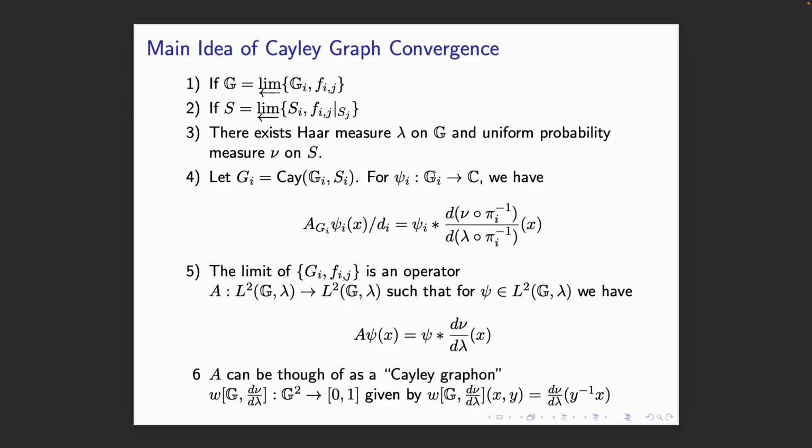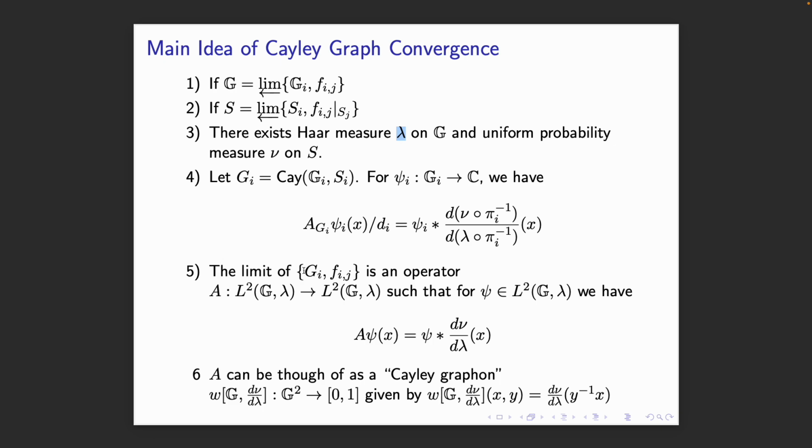For any function defined on the group G_i, when we apply the adjacency matrix to the function at a point and divide by the degree of the graph, we are convolving the function with the density of the projection. It's called the push forward, but you can sort of think about it as projecting: the push forward of nu onto G_i with respect to the push forward of lambda onto G_i.